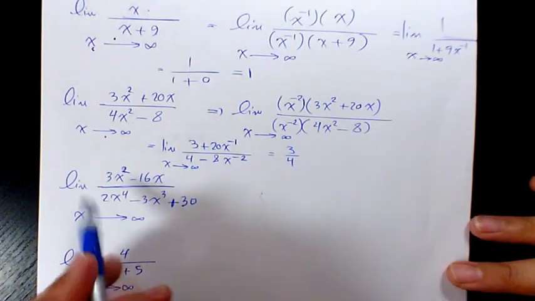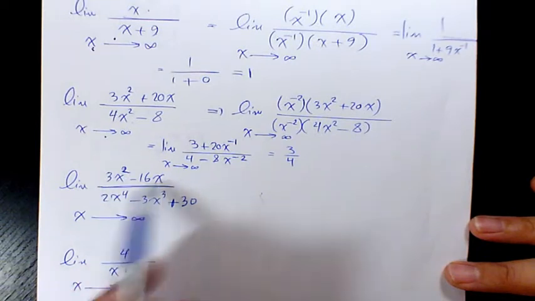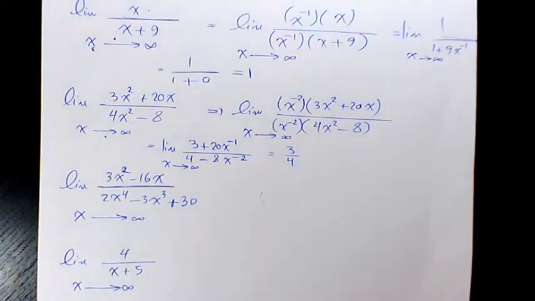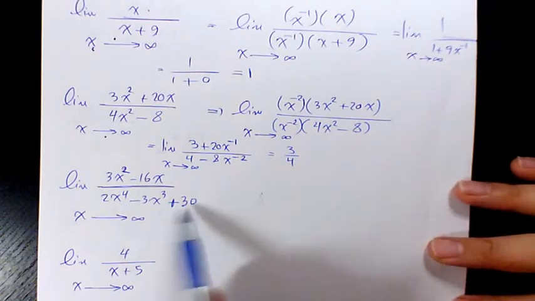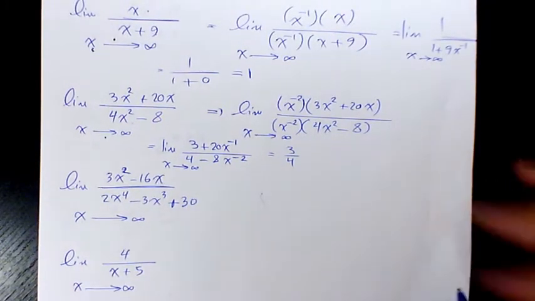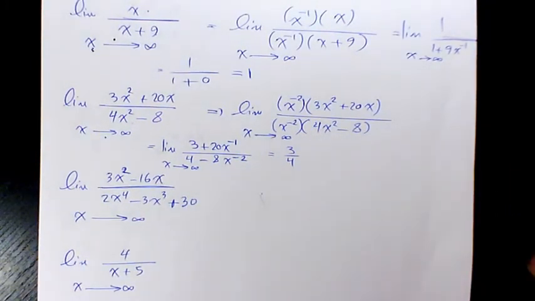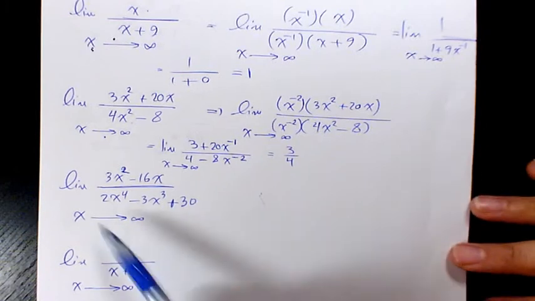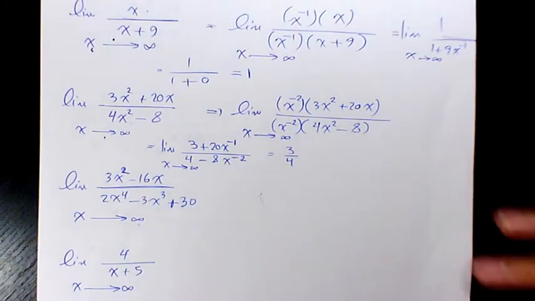Next one. 3x squared minus 16x over 2x to the power of 4 minus 3x squared plus x cubed plus 30, when x is approaching infinity. As you see here, the order of the numerator is 2 and the order of the denominator is 4. So since the order of the numerator is less than the order of the denominator, we can say that when x is approaching infinity, the whole limit is going to be 0.